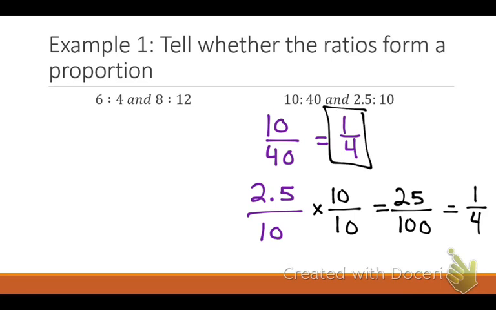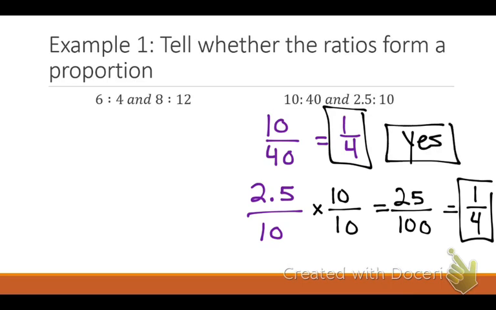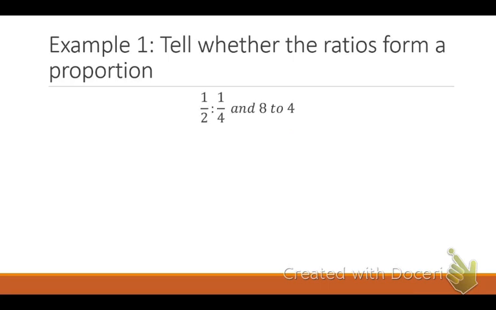So 1/4 and 1/4, so your answer is yes, they are equivalent. Right, so obviously, we run into some issues when we have decimals. So that's why I am going to push you more towards what we do in example 2, and that is cross products. But before we get into cross products, let's look at fractions.